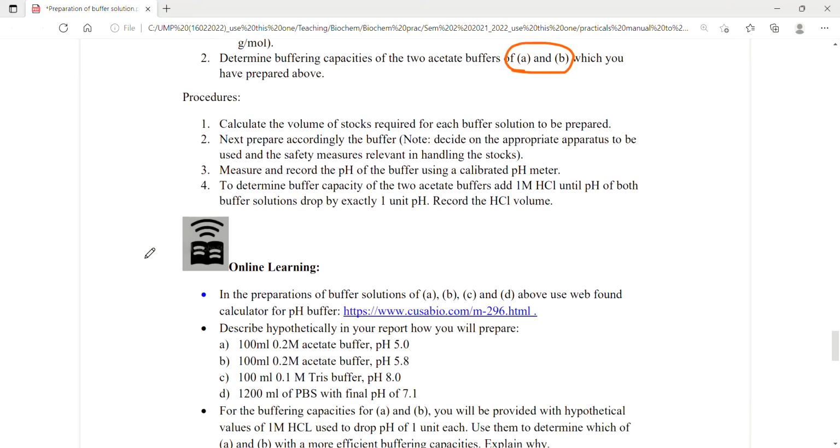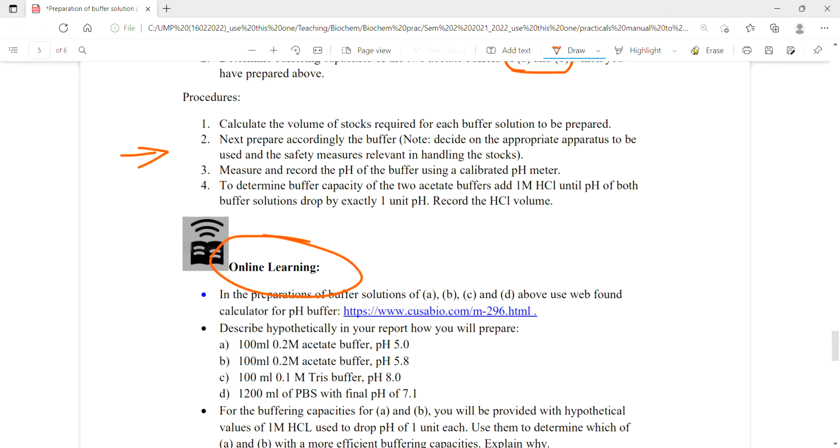All right, so a little bit of procedure is given, which is supposedly done in the lab. But I also have online learning. So let's look at the procedures in the lab first.